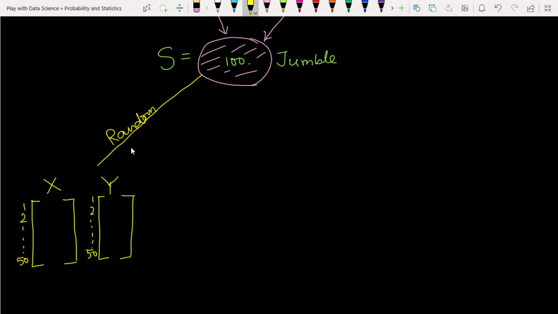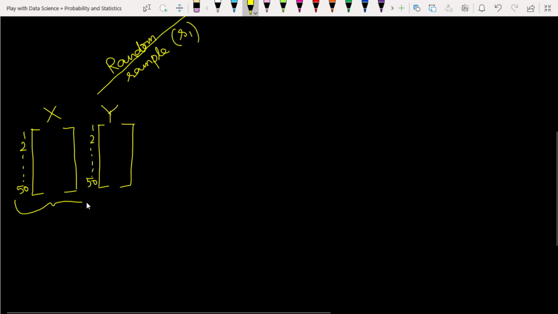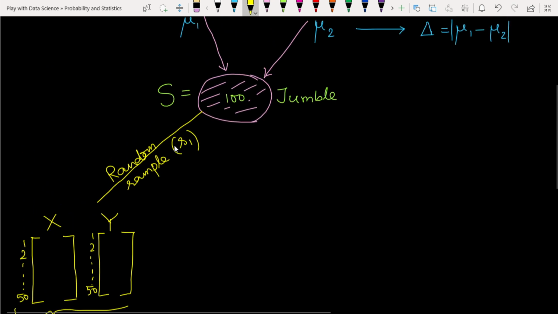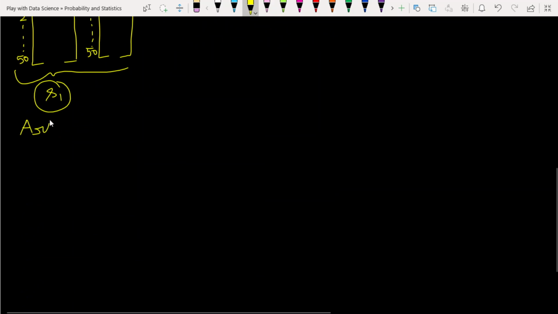This is the random sample that we created from here, and we call this sample S1, small h1. This small h1 is an artificial sample built from the capital sample. These things are artificial.